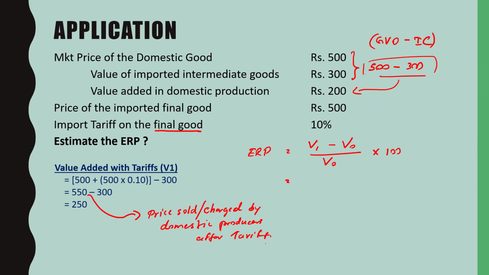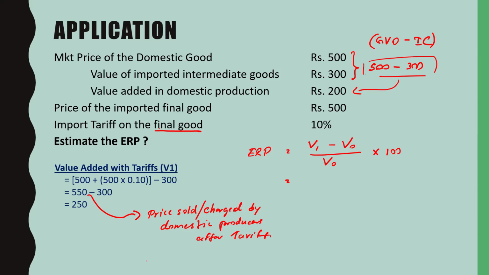Is that clear? Now you might ask, hold on, wasn't the tariff on the imported final good? Then how is the domestic producer charging 550? The domestic producers will always match the price at which the imported product is sold. So domestic producers will sell at the same price as the imported product. Get it? That's how their value addition pumps up, how their value addition increases.